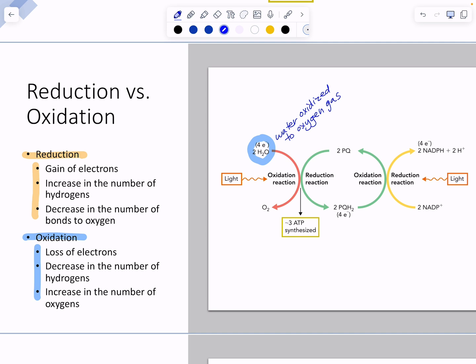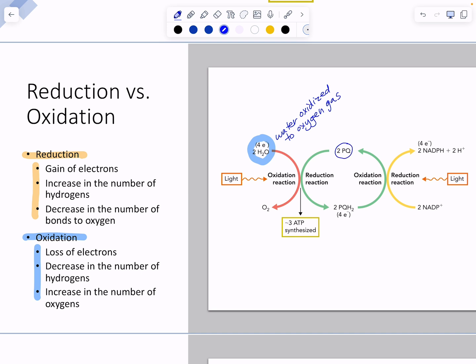So when that happens, it's being oxidized, and whenever we have an oxidation reaction, remember, electrons have to go somewhere, right? So something has to be reduced. Those electrons that are being lost from the water have to go somewhere. And in this case, what happens is we have a quinone cofactor that gets reduced.